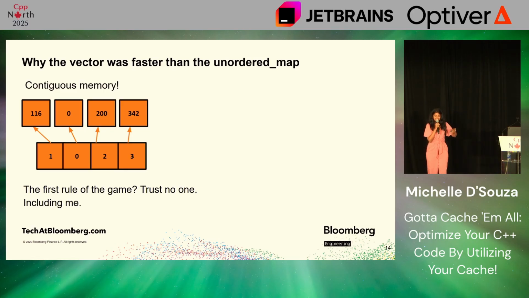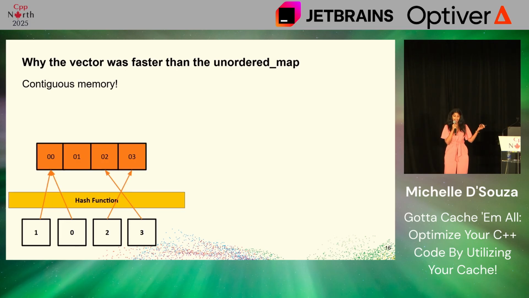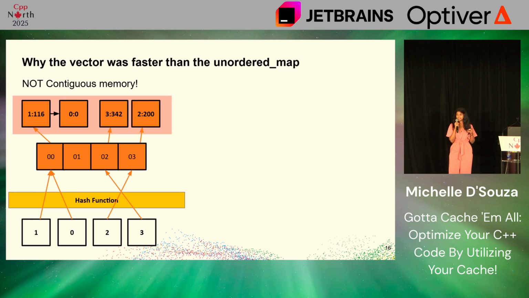Because the thing is, it's a little more complicated, not too much so, but you have these keys, and then there's the hash function that gets applied on each one of them. And they essentially map to a particular bucket. And these buckets have nodes attached to them. And these nodes are actually not contiguous memory. So memory is not one after the other, like it was in the case of the vector.